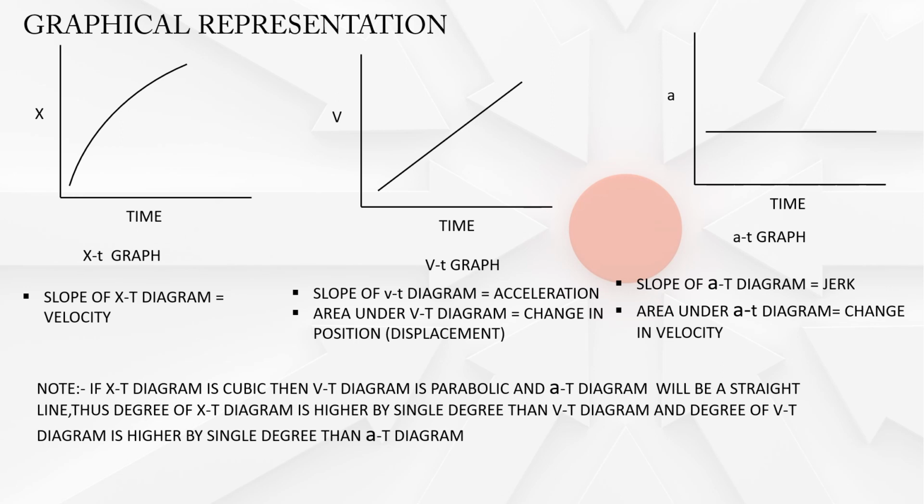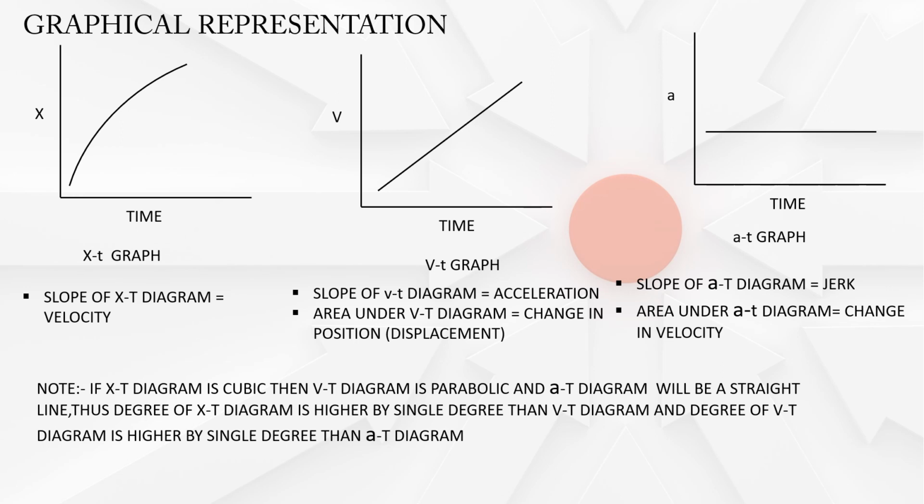Again, it is easy to predict the nature of any graph if we know the nature of any one of these three graphs. If the xt diagram is cubic, then the vt diagram is parabolic, and the at diagram will be a straight line, which simply means that the degree of the xt diagram is higher by a single degree than the vt diagram, and the degree of the vt diagram is higher by a single degree than the at diagram.